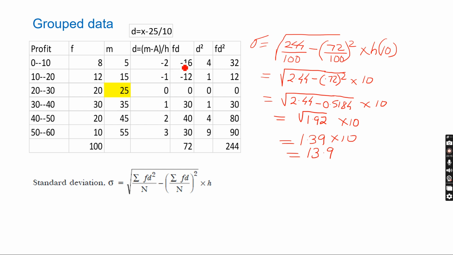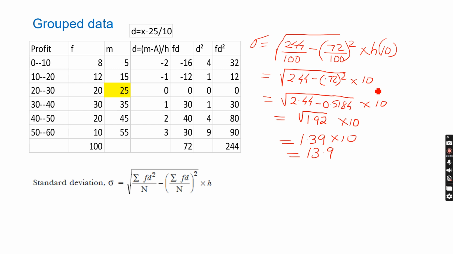Similarly, you can find d, then fd, then take the d square and then find fd square, and your formula is square root of summation fd square upon n minus summation fd upon n the whole square, and then you multiply by h. Please remember, when you multiply by h, you would not take it while calculating the square root, but you would only multiply after you complete the square root.